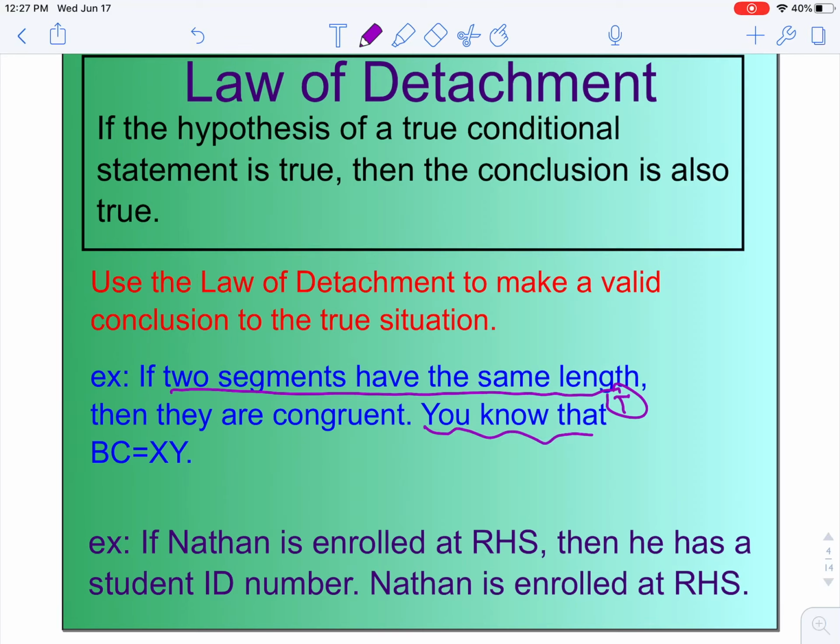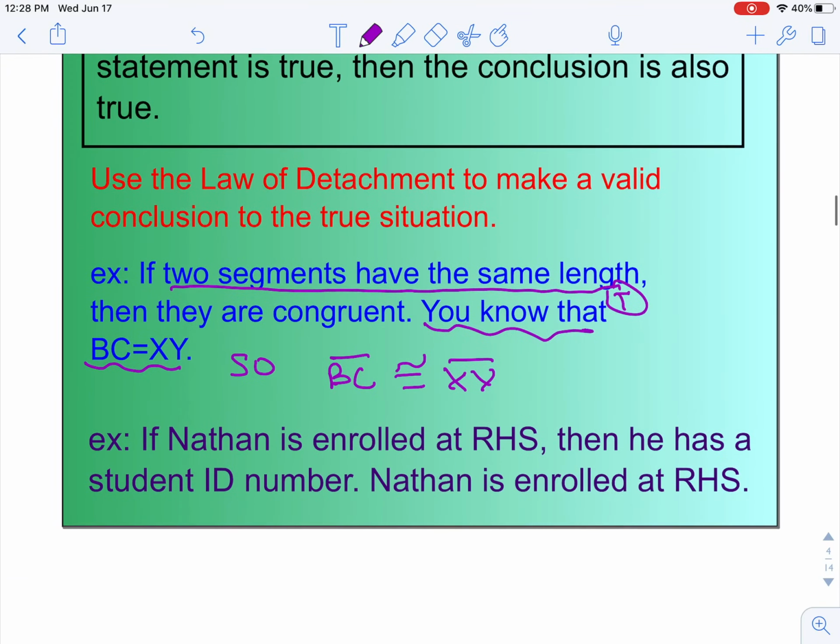And this is a true situation. Now you're told that BC is equal to XY. So your valid logical conclusion is that segment BC is congruent to segment XY.